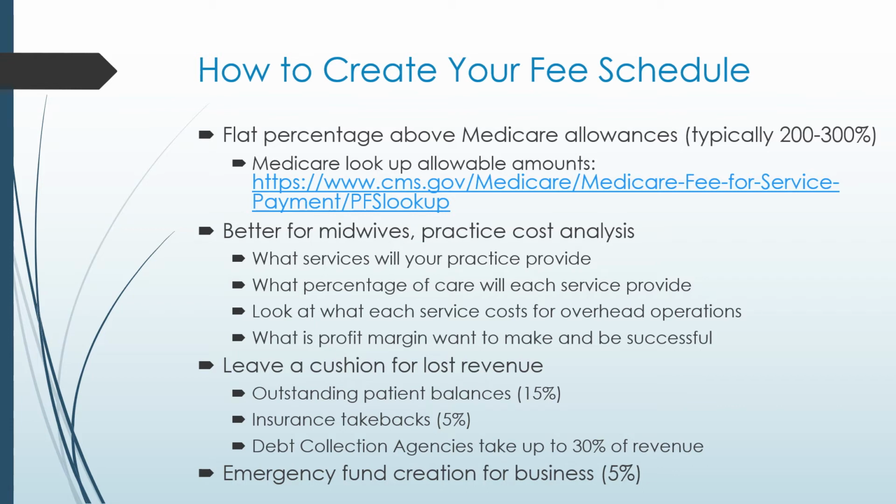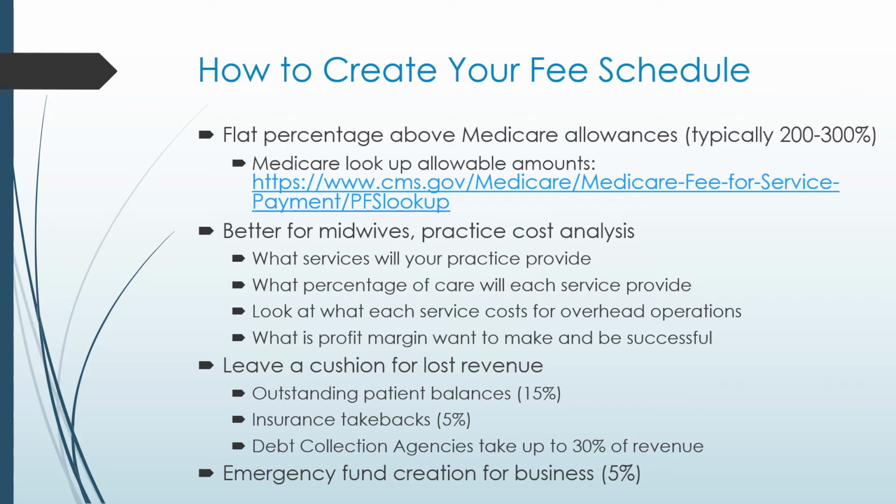Leave a cushion in your revenue for an emergency account, lost revenue, outstanding balances, and insurance takebacks. I've had so many times where it didn't even make sense that there was just money taken back from the in-network contracted rate years later, and it's very difficult to get that back from families. Debt collection: if you have outstanding balances and you've sent them 3 statements, you're not getting paid anything anymore.